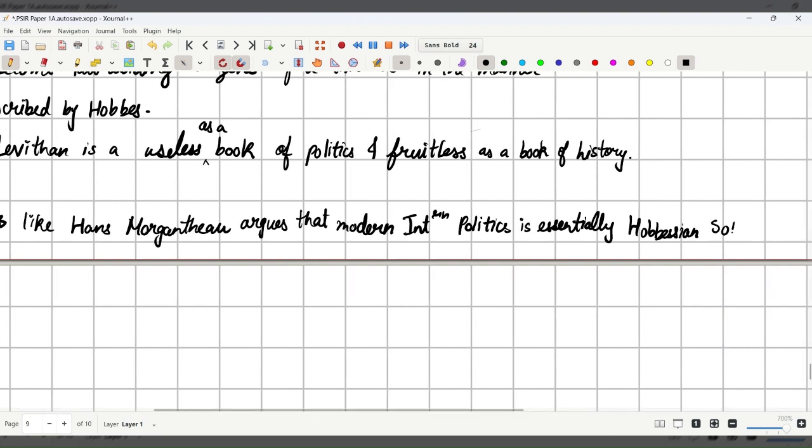You can use this as value addition. So this topic is done.